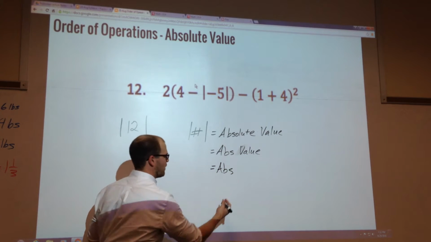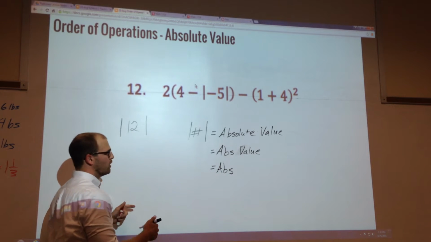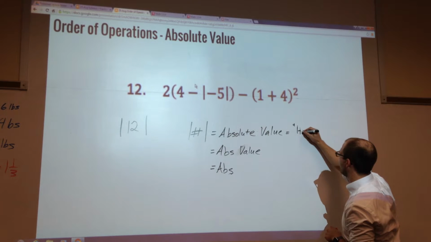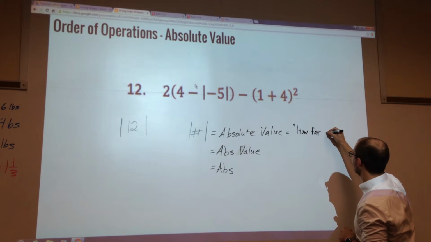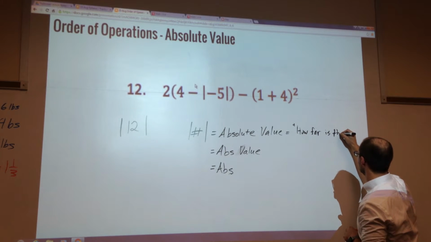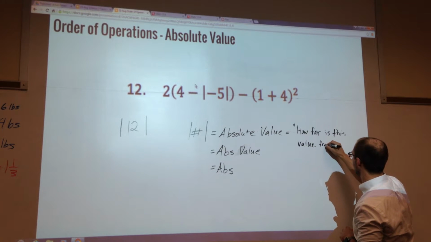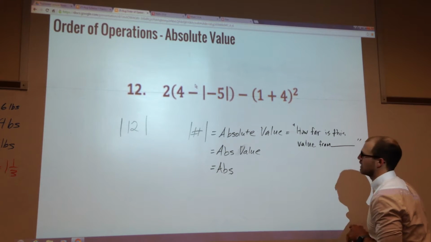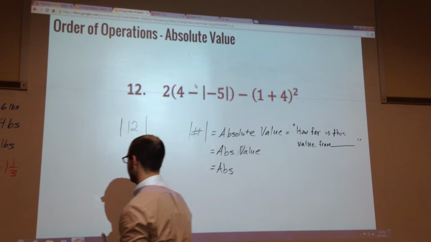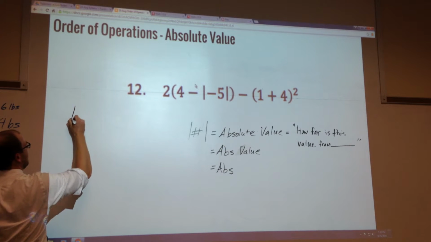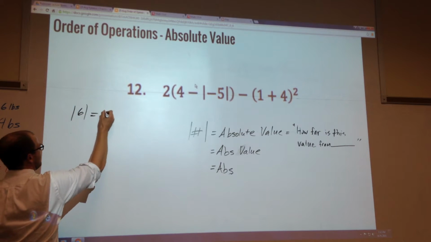It stands for absolute value. What it means in layman's terms is how far is this value from, I'm going to leave this blank. If you know it, please don't say it yet. I'm going to get you guys to come up with it. Okay? So, absolute value of 6 is 6.